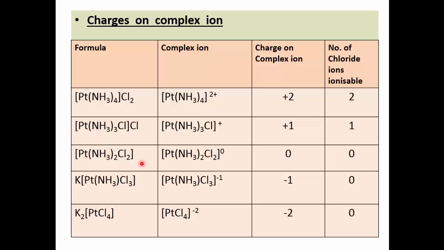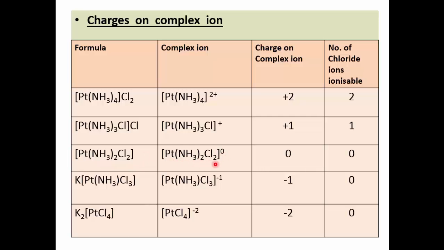Next one, now both chloride ions have jumped inside the square bracket and lost their ionizable property. So 2 ammonia molecules and 2 chloride ions are attached to platinum, acting as secondary valency. On platinum there is 2 plus charge, it is neutralized by the minus 2 charge of these chloride ions. So plus 2, 0, minus 2, it becomes 0.